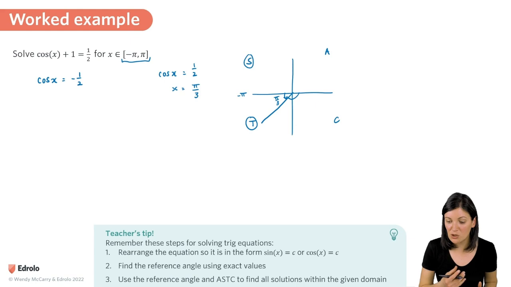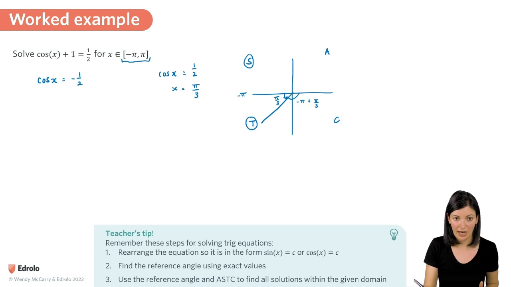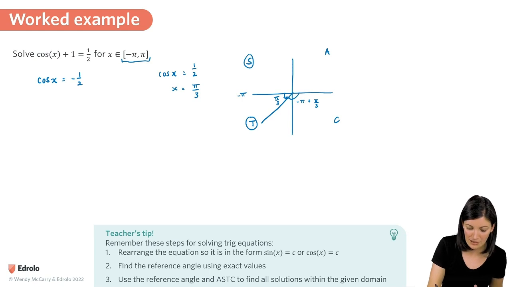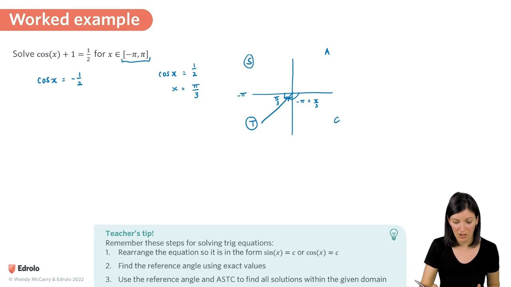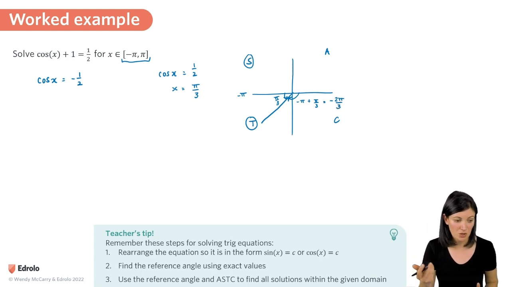And what I'm doing to calculate this whole angle here, that's got to be negative pi plus pi on 3. A little bit tricky when we're thinking about the negatives, so you need to maybe stop and do it quite carefully. We actually want the angle as measured from the x-axis. So negative pi plus pi on 3 would be negative 2 pi on 3. So that's my very first solution.